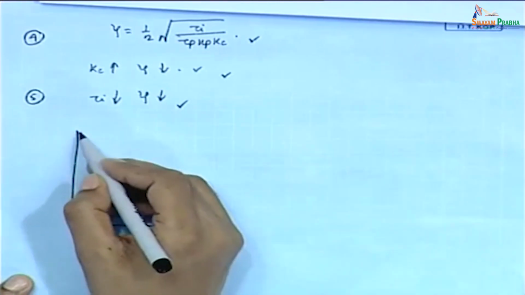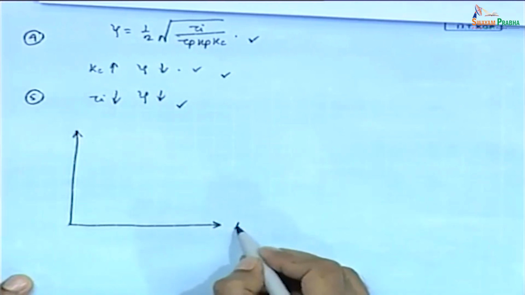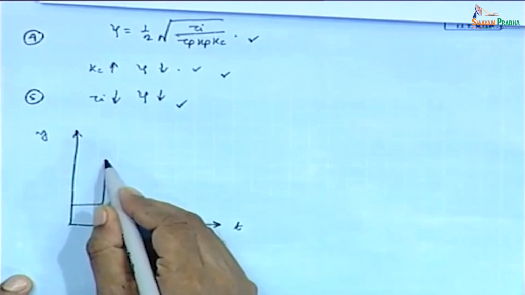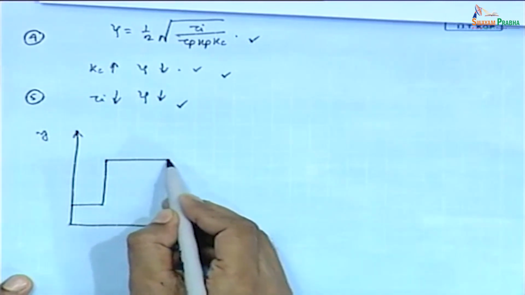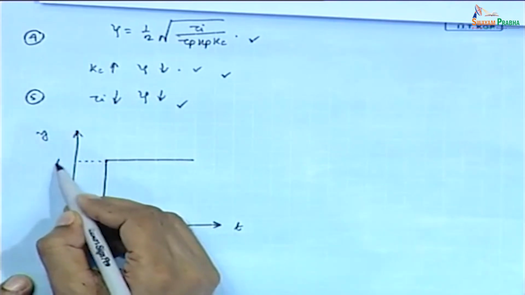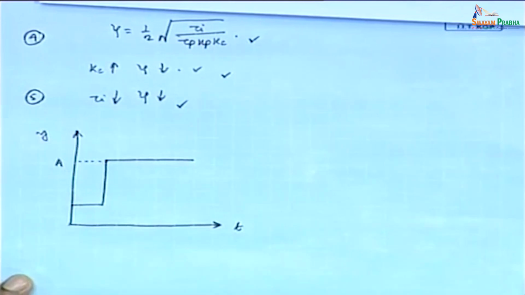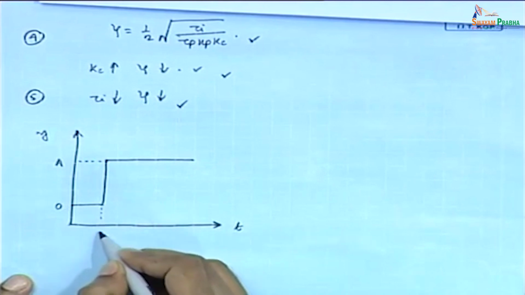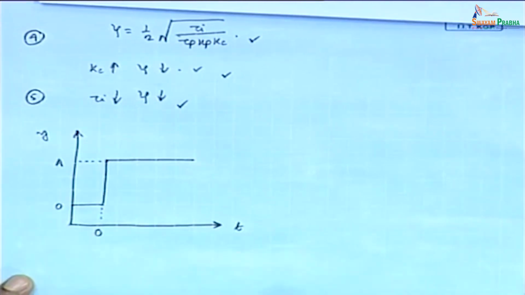So, that we will reflect through this plot, y versus time. A step change is introduced with magnitude A. This is suppose 0 and the step change is introduced at time equals 0.